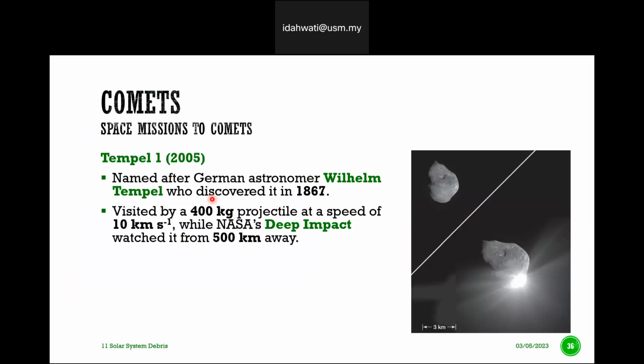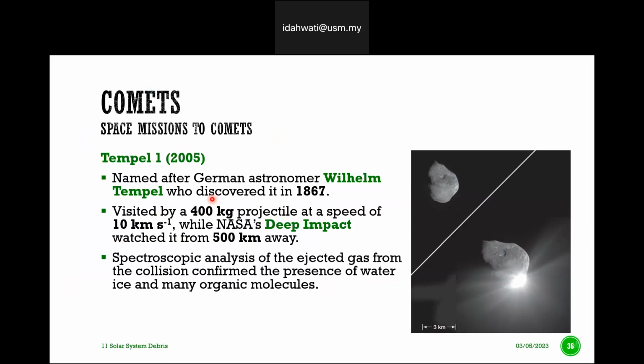In 2005 it was visited by a 400 kilogram projectile at a speed of 10 kilometers per second, while NASA's Deep Impact watched from 500 kilometers away.